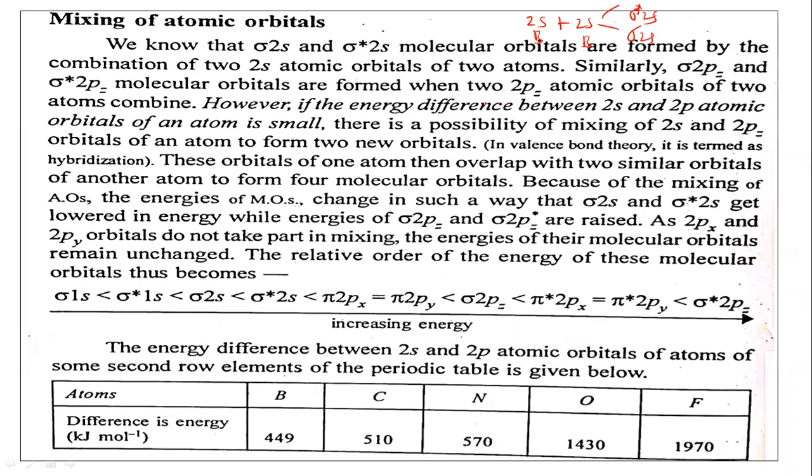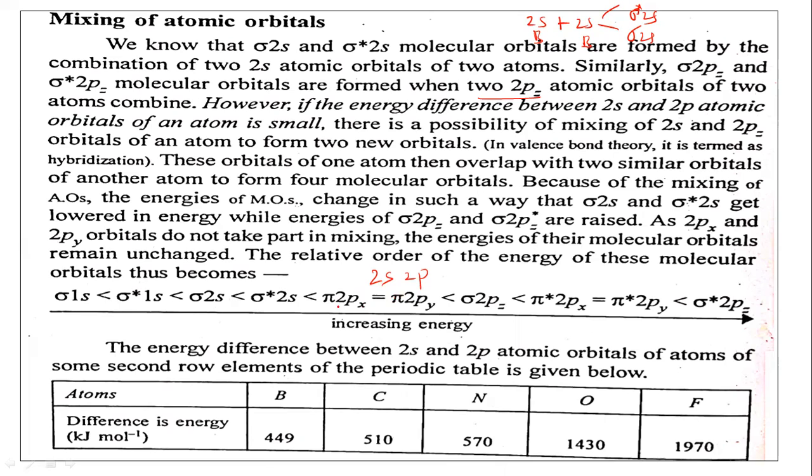Similarly, sigma 2pz and sigma star 2pz molecular orbitals are formed when two 2pz atomic orbitals of the two atoms combine. However, in some atoms the energy difference between the 2s and 2p atomic orbitals is small. If this difference is small, there is a possibility of mixing of 2s and 2pz atomic orbitals.